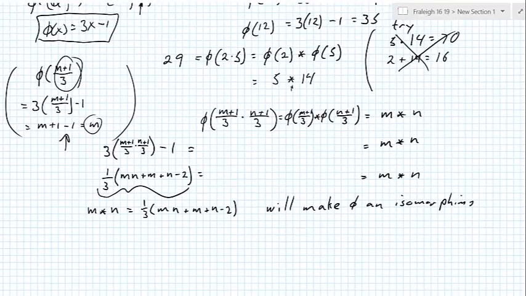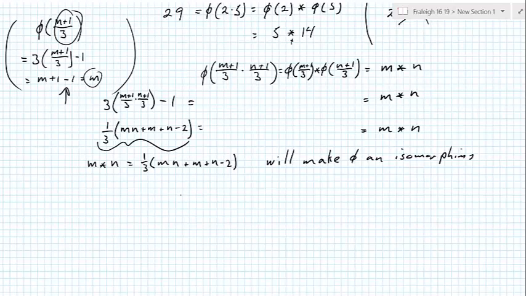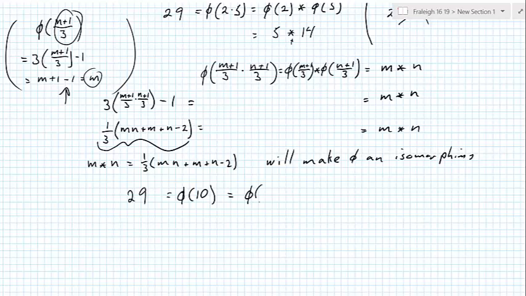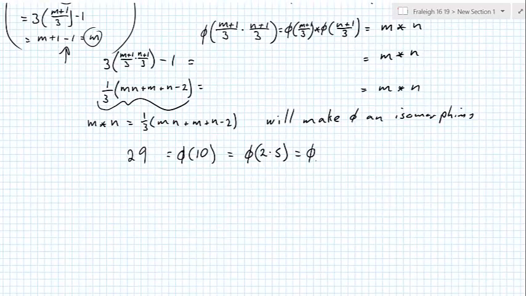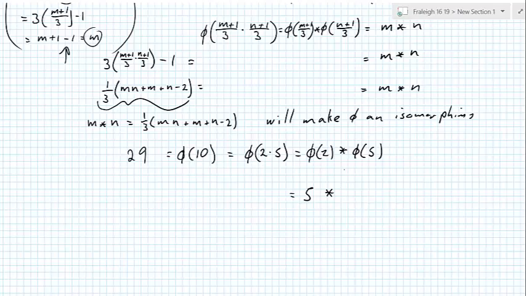So let's just check it with the one number we checked already. Let's do phi of 10, which is 29, which is also phi of 2 times 5, which is phi of 2 star phi of 5. Let's see, phi of 2 is 3 times 2 minus 1, which is 5. Phi of 5 is 14.